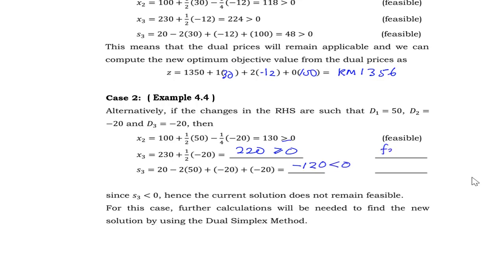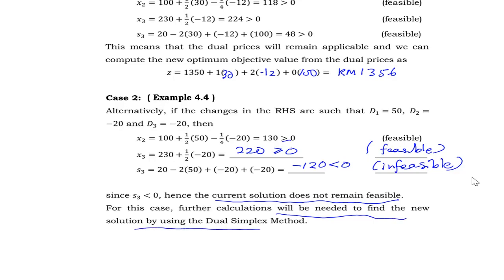Therefore, for this condition, it is infeasible. Infeasible since S3 is less than 0, hence the current solution does not remain feasible. So for this case, further calculations will be needed to find the new solution by using the dual simplex method.